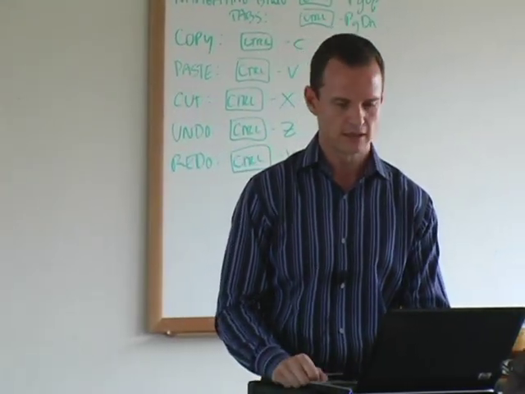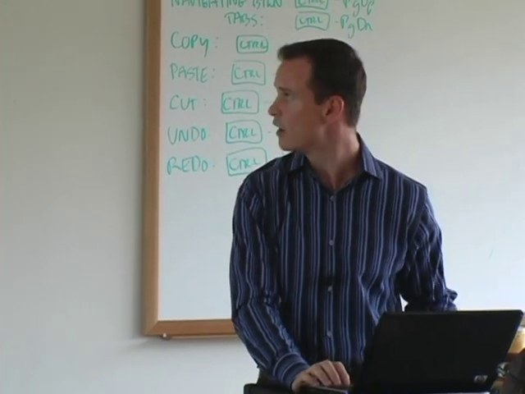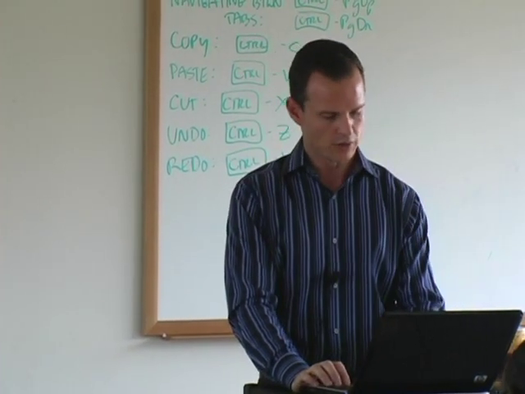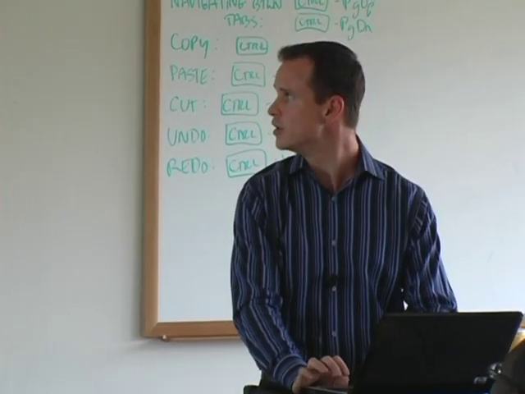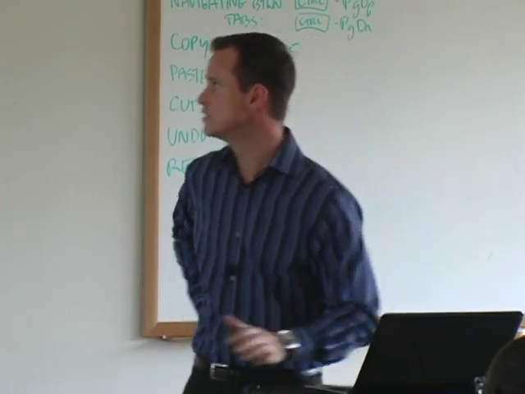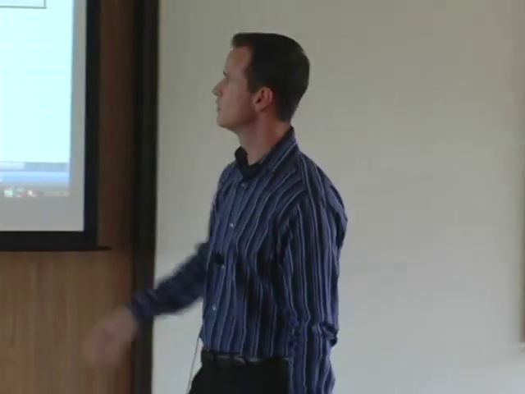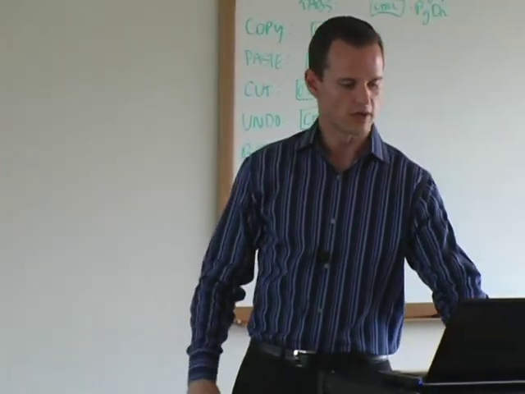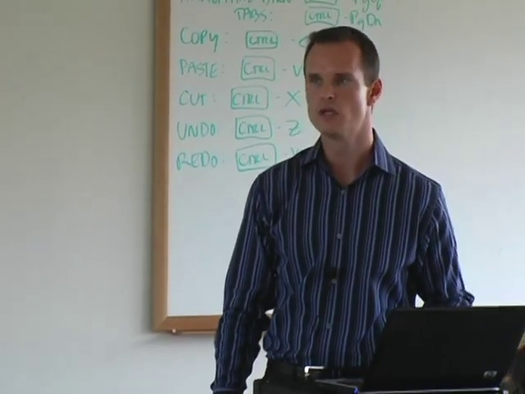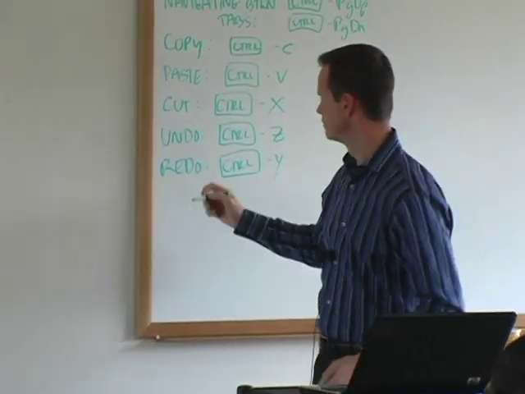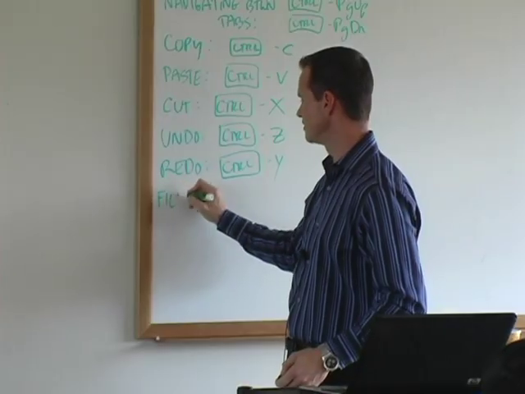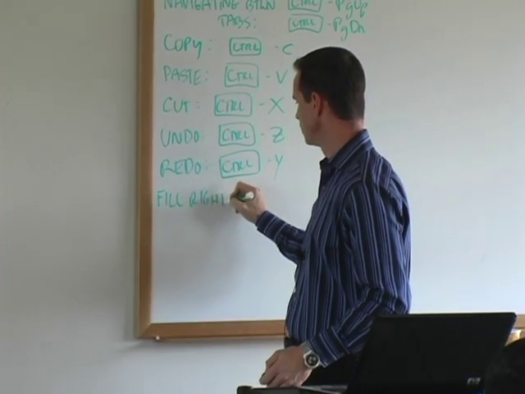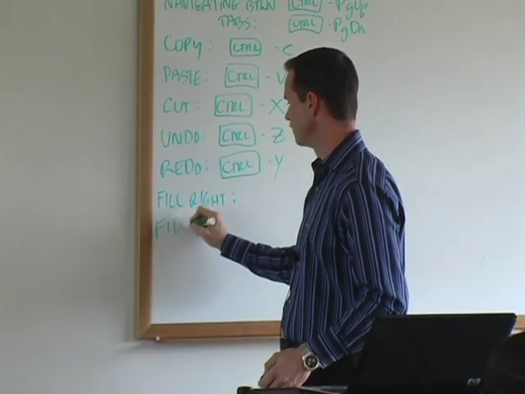The way to do this is to go to the cell that you want to copy, hold down Shift, and use your right arrow key to select the range into which you want to fill those contents. Again, you've got to have that cell as part of that range on the left side. Once you've selected the entire range, you can use the command Control R, fill right. That is the quick way to copy something to the right. You can also fill down.